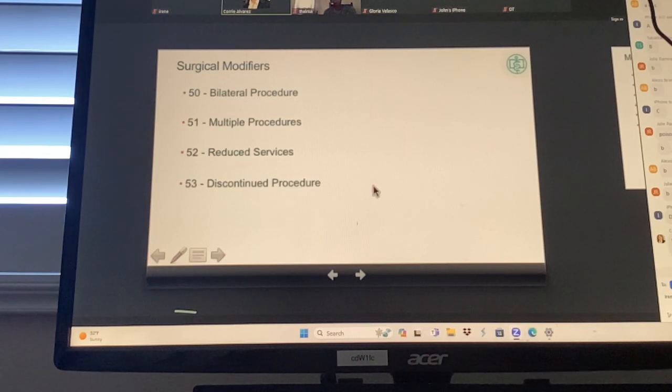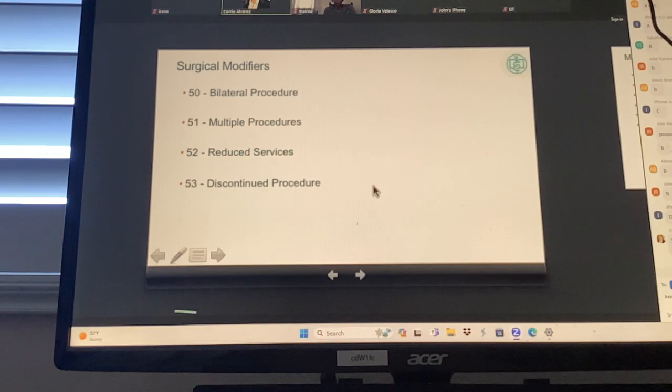53 is a discontinued procedure, which means that the surgery has to have started. If the patient is in the operating room and the anesthesiologist starts the anesthesia, and then they start to develop hypotension or hypertension, and they cancel the surgery, that surgery didn't start.